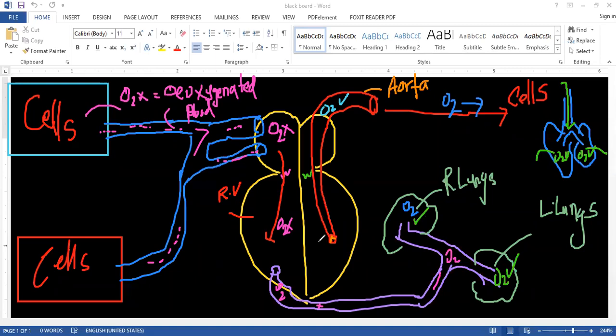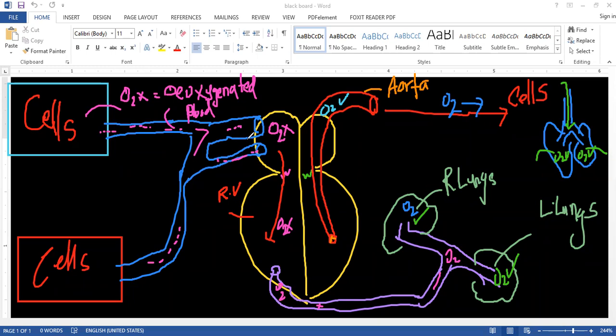Remember, here in the systemic artery, there is oxygen present. Blood is going to cells. Cells means tissue organs. From that it is coming, taken out through the vena cavas. There are small tubes which we'll be studying later. Just remember this.